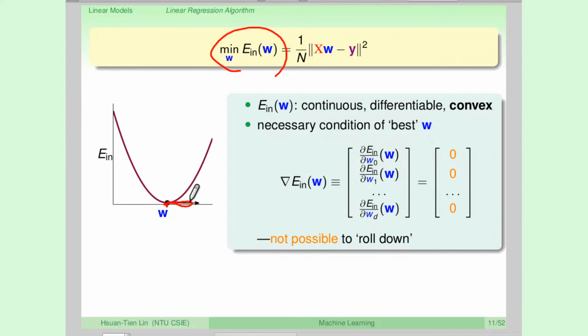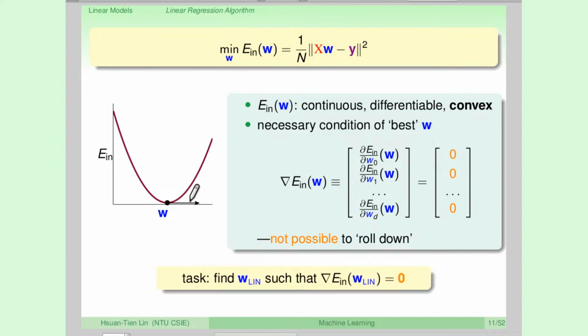Physically, it means if you put a ball at that point, it cannot roll down anywhere, because surrounding that ball, there's nowhere to get higher or lower. So our task here is to find this particular W such that the gradient equals 0. If we can find that W, that must be the W that minimizes E_in.